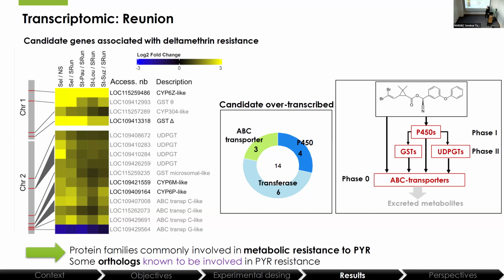And we can notice that all the genes present here belong to families that are mainly involved in metabolic resistance, so they are strong candidates. And in black, it's when ortholog genes in another mosquito have already been proved to metabolize pyrethroid insecticides, or are in subfamilies which are known to be involved in pyrethroid resistance. So they are very strong candidates.